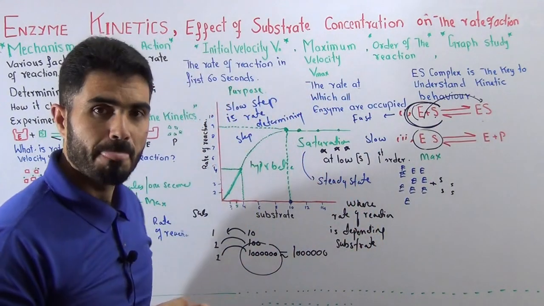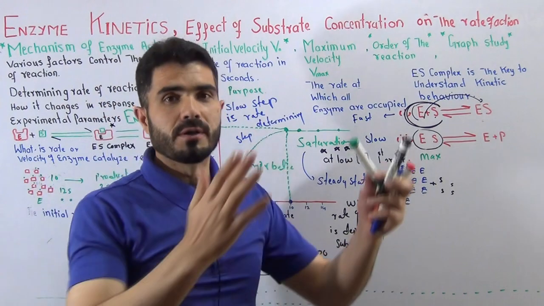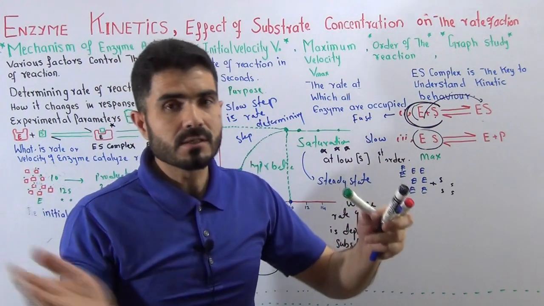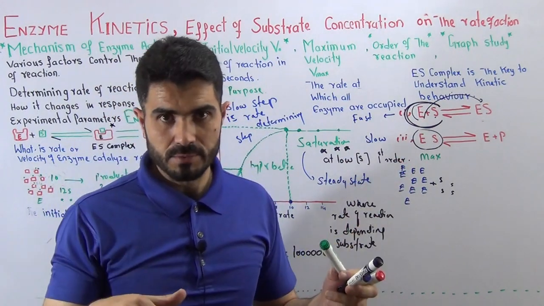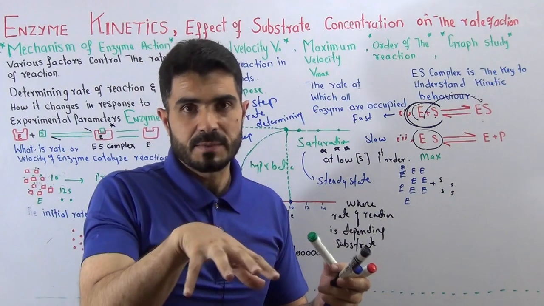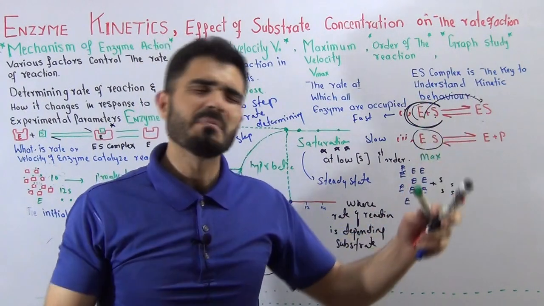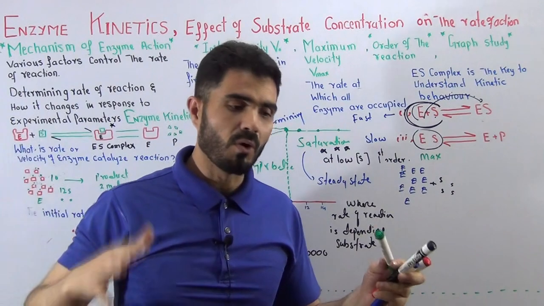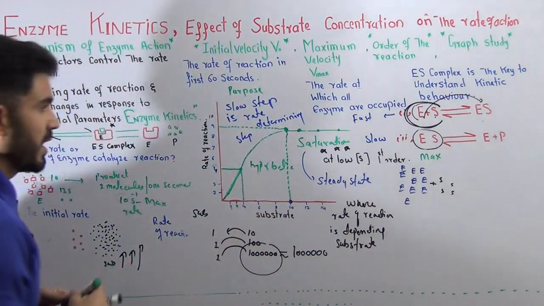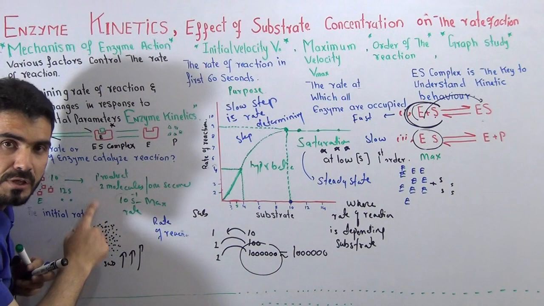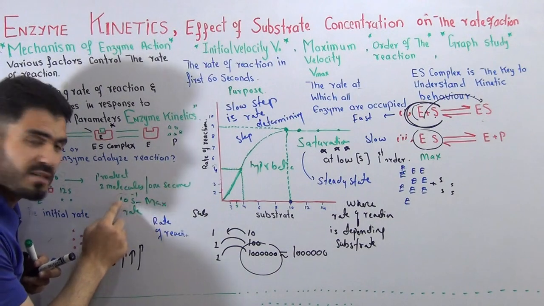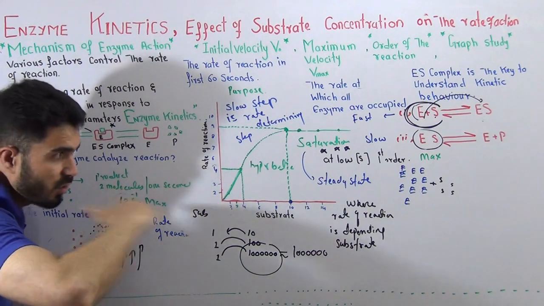What will happen if you carry on further increasing the substrate? You are not stopping. You know that at 10 substrate the reaction was maximum, but you still continued, keep on increasing more and more substrate. What will happen? If you increase the substrate further, do you think the rate will increase? No, the rate will be constant.